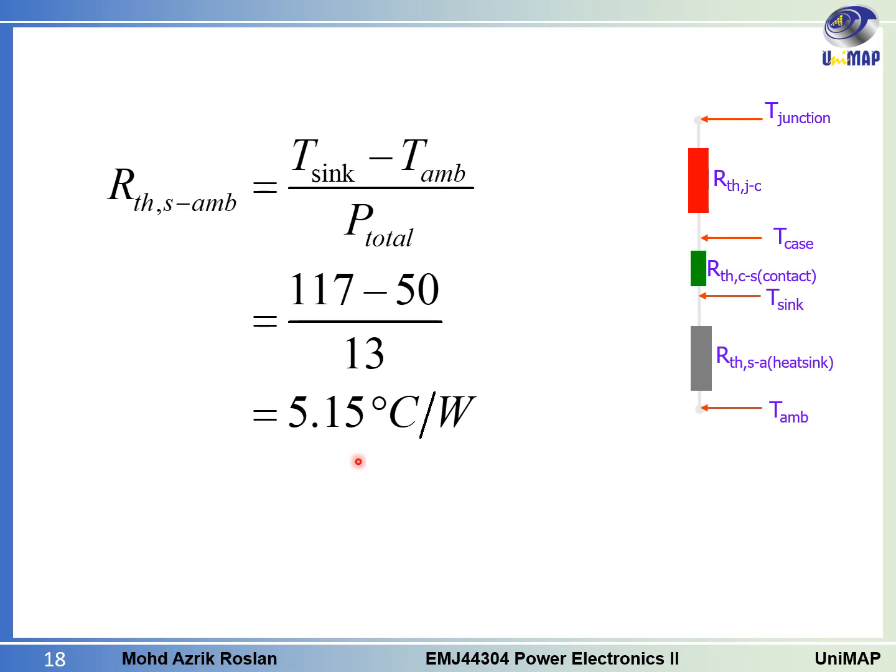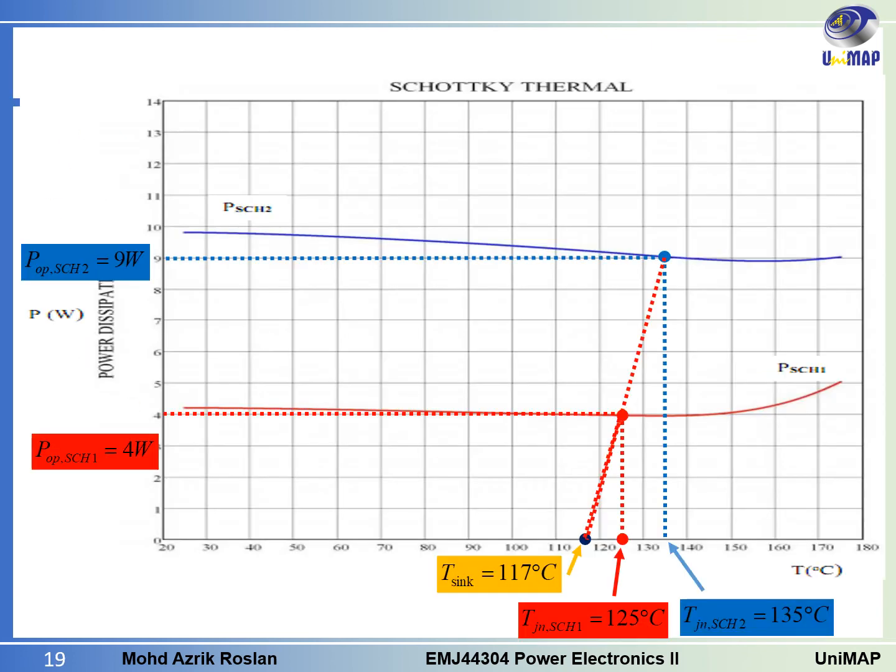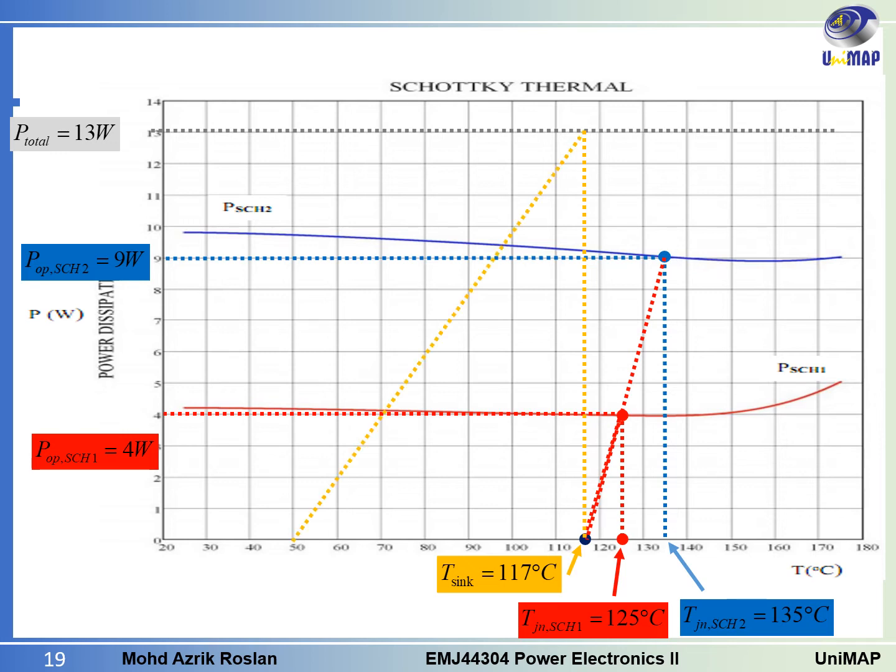So this is the thermal resistance for the heat sink. If you want to see the graph or the line, this is the slope of the thermal resistance that we just calculated.